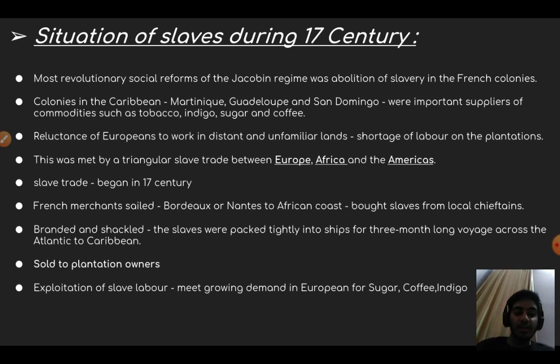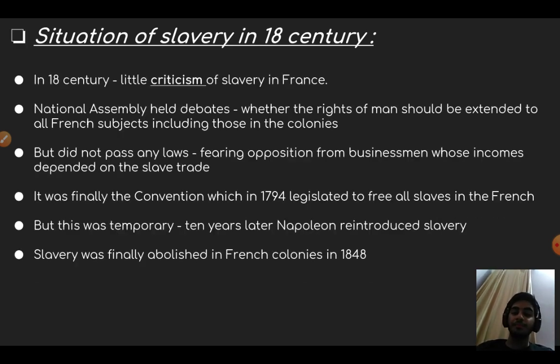As the plantations improved, there was a growing demand for sugar, coffee, and indigo in Europe.